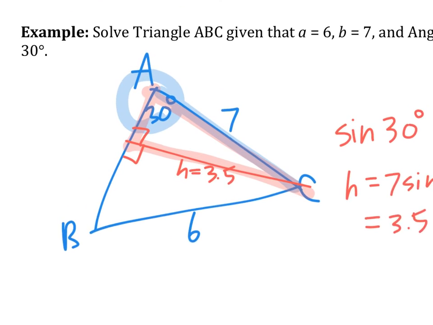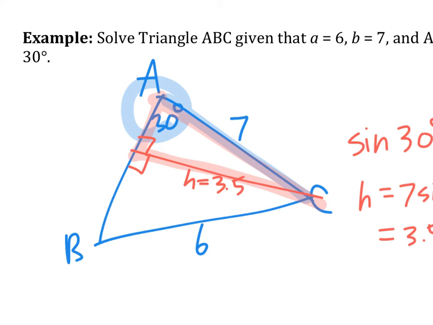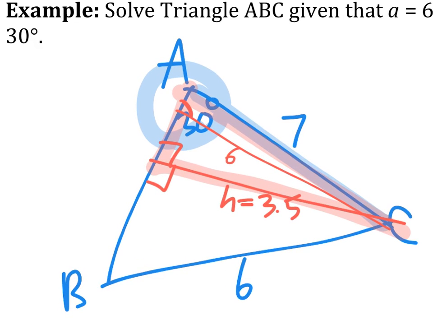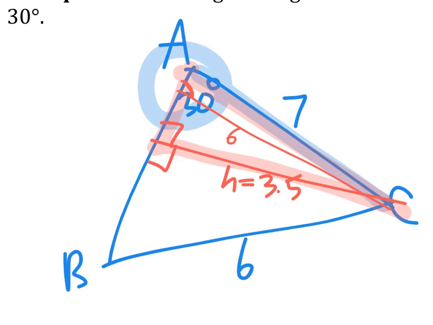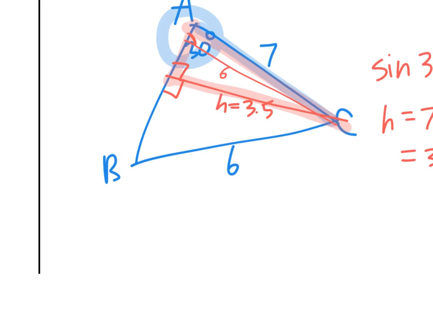That means one triangle is the way I drew it. The other triangle is going to be here where 6 is here and this is obtuse. The diagram is crazy, I'm sorry. We have potentially two triangles.